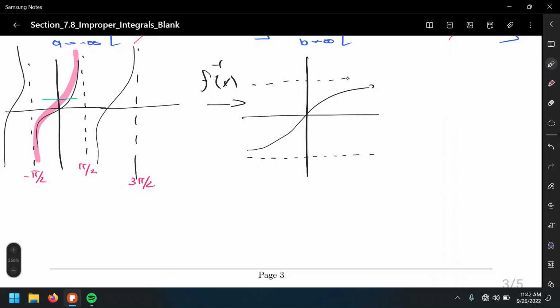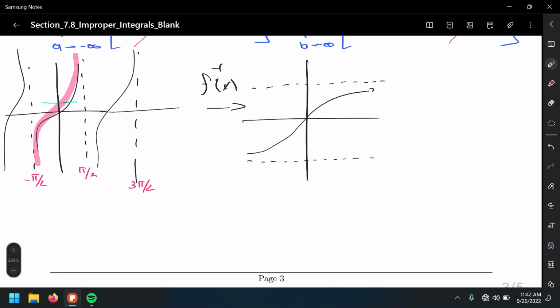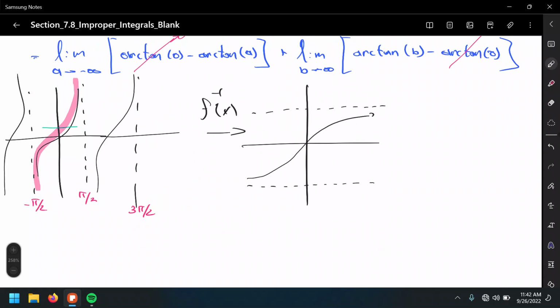Those vertical asymptotes that we had here, when we get the inverse function, become horizontal asymptotes. And those horizontal asymptotes are going to be at the same values that they came from, from the world of x towards the world of y. These ones are going to be negative pi over 2 to pi over 2.